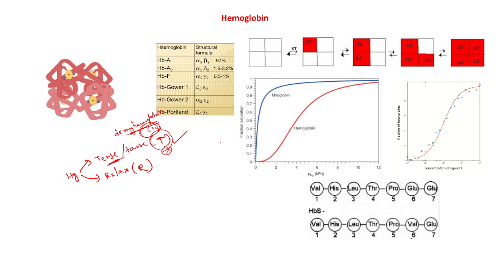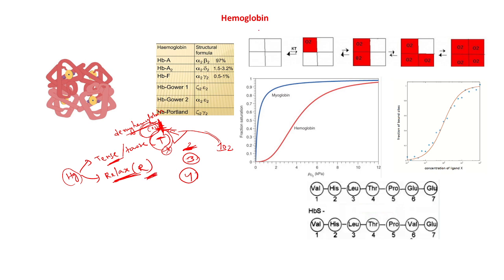The first oxygen has to bind and disrupt the salt bridge between the carbon dioxide and the taut state of the hemoglobin. Once the first oxygen disrupts this bond, then the second oxygen binds, then the third, then the fourth, and that is called the relaxed state. Now it is very relaxed, they don't need any more oxygen.